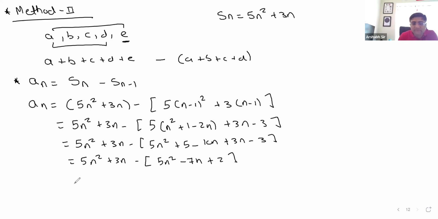So this becomes 5n square plus 3n minus 5n square plus 7n minus 2, cancel cancel, that is 10n minus 2.